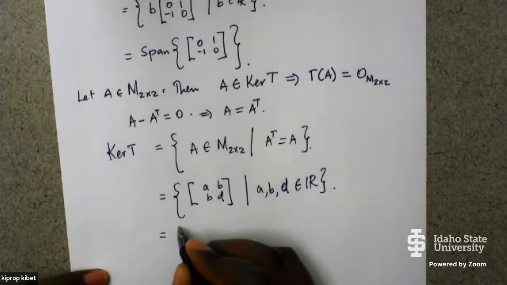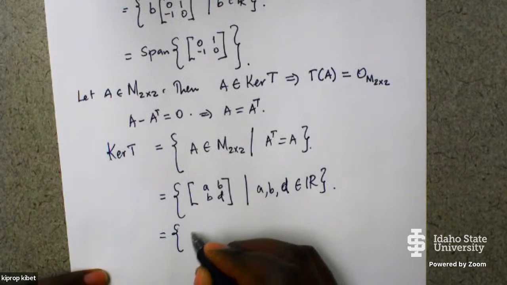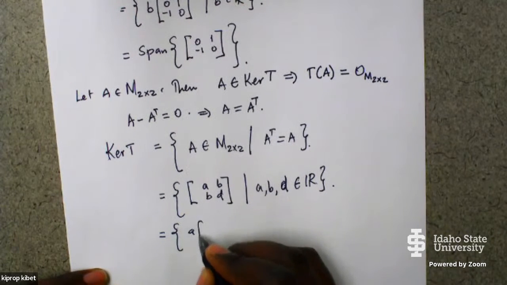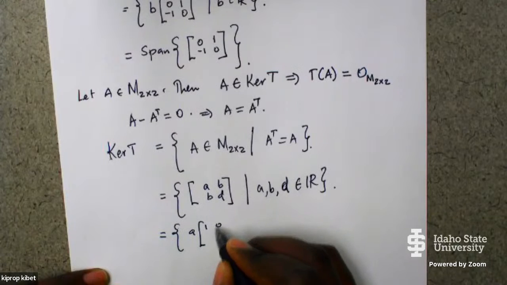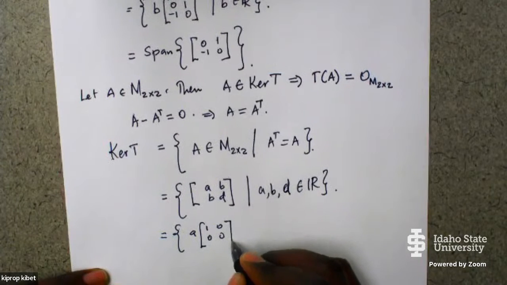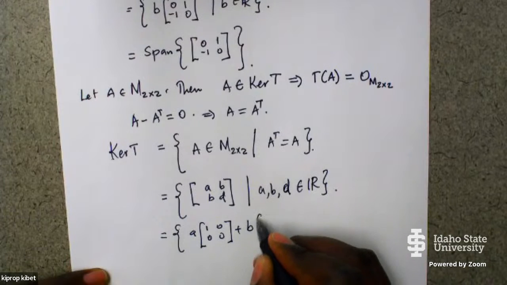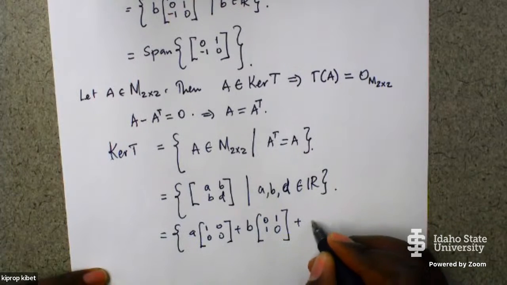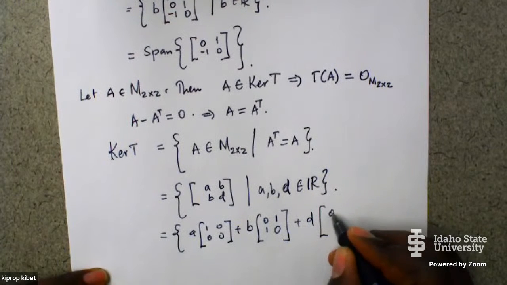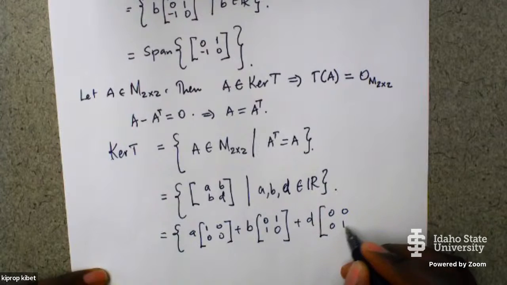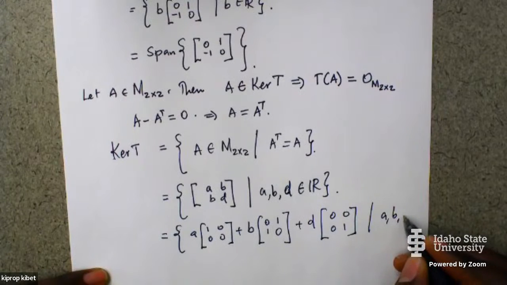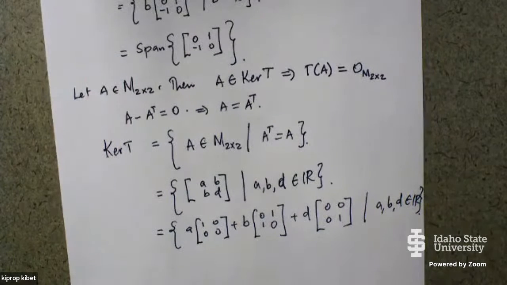We can factor out A, so it can be written as A times 1 0 0 0, plus B times 0 1 1 0, plus D times 0 0 0 1, for A, B, D elements of the real numbers. So it can actually be written like that.